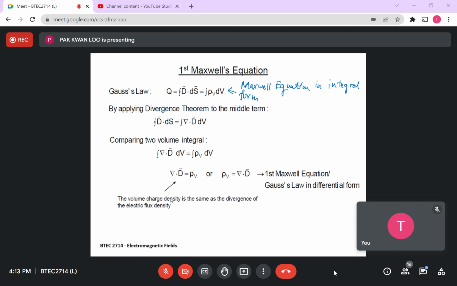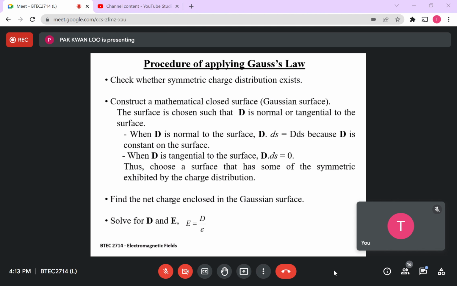So now we are going to look at some examples. How are we going to apply Gauss law? Mainly using the integral form.